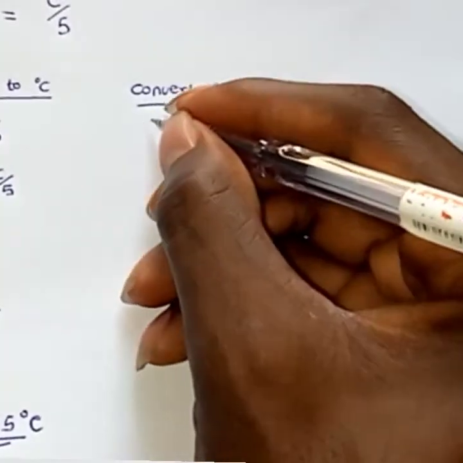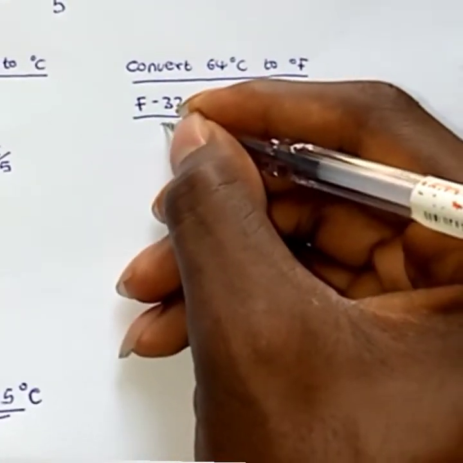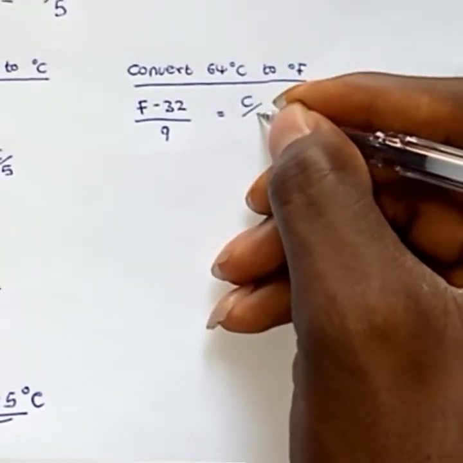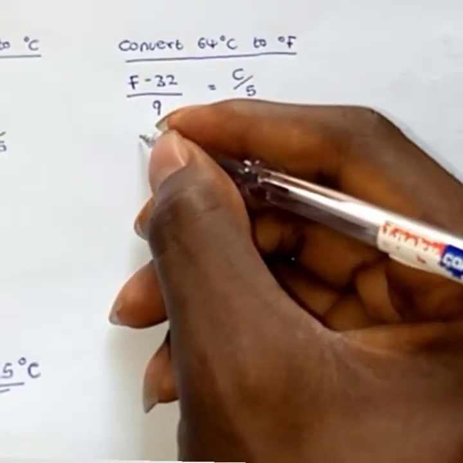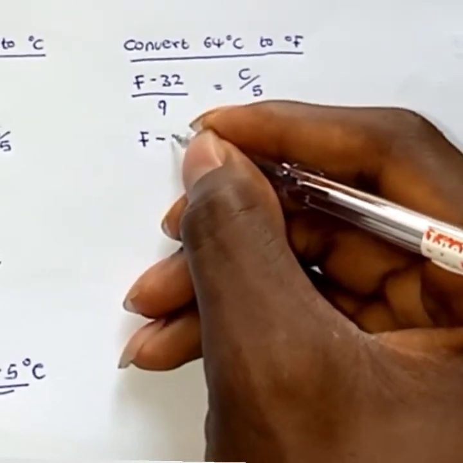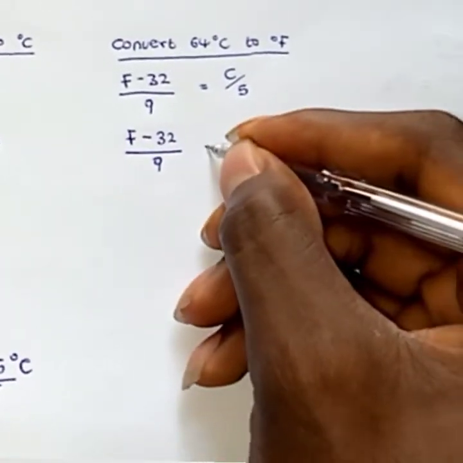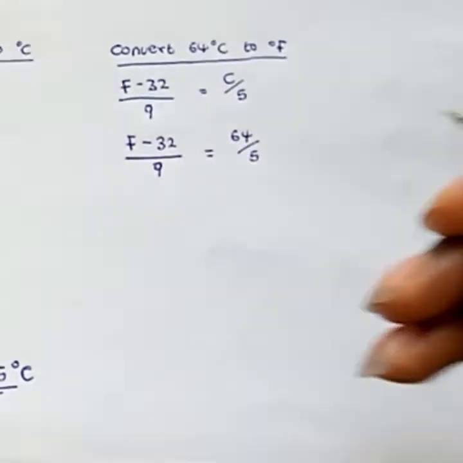Still using our formula, (F - 32)/9 = C/5. Fixing our value, (F - 32)/9 = 64/5.